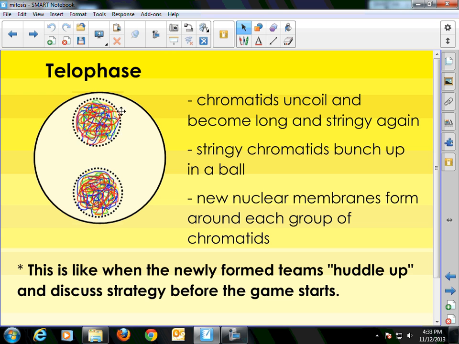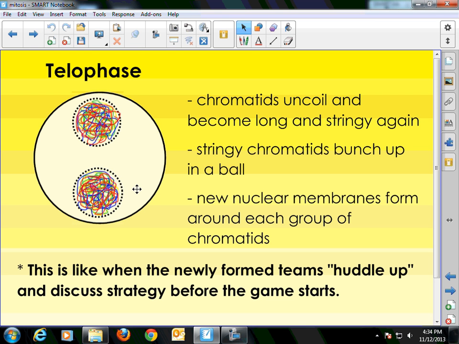And so that starts to appear and kind of keeps these sets of chromosomes, chromatids, separated from each other so our two teams can't re-mingle with one another. At the end of telophase, we're going to have two new completely identical nuclei, and we've got them both in one cell.